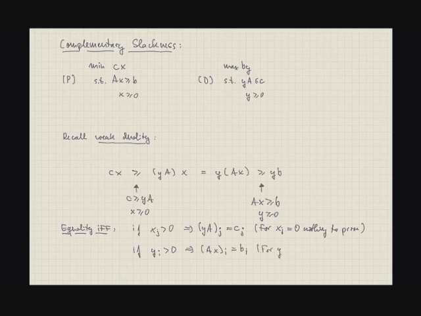So for yi equal to 0, again, there is nothing to prove. So under these two slackness conditions, I indeed get equality everywhere, and that proves this complementary slackness theorem.